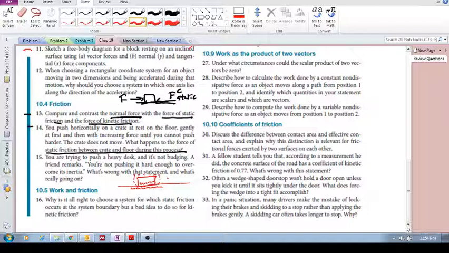Okay, so this was when we had kinetic friction. So that's why it's a bad idea to do that for kinetic friction. But for static friction, these two surfaces are not sliding relative to each other, so there's no heating up of the surfaces.